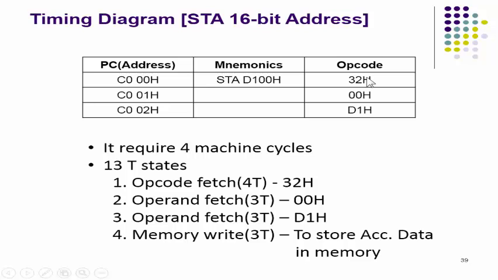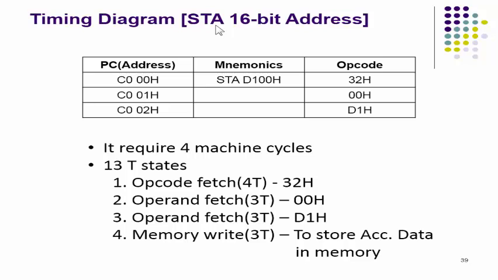Okay, so at first location you will find 32. At next location C001 we are going to store 00, and at next C002 location D1. So total 3 memory location because of the 3 byte instruction.